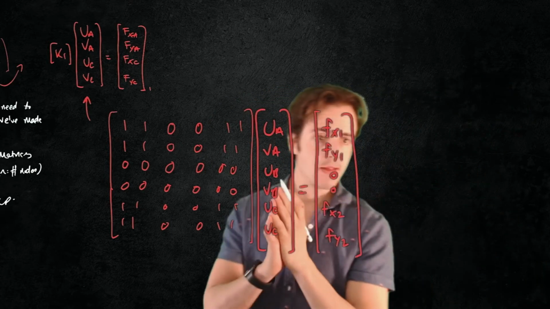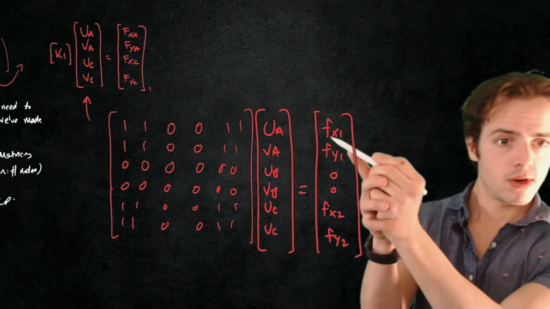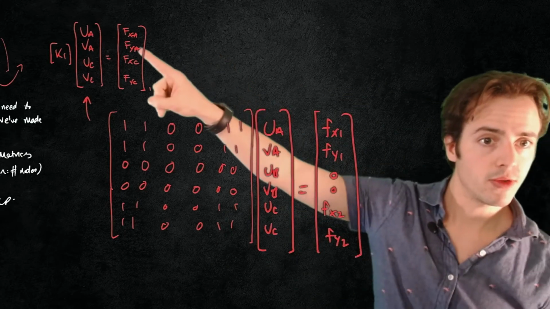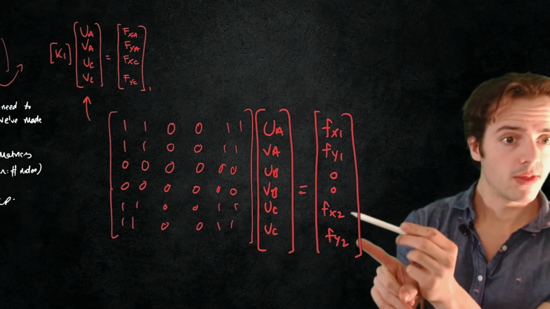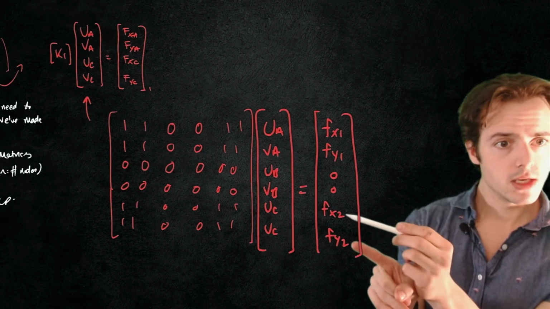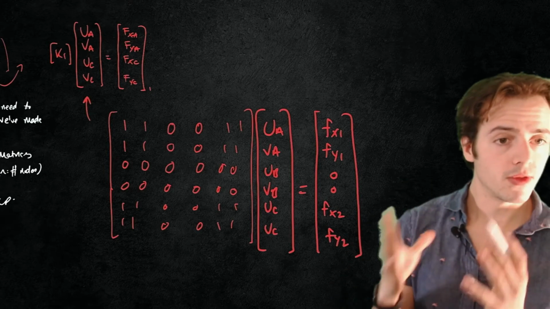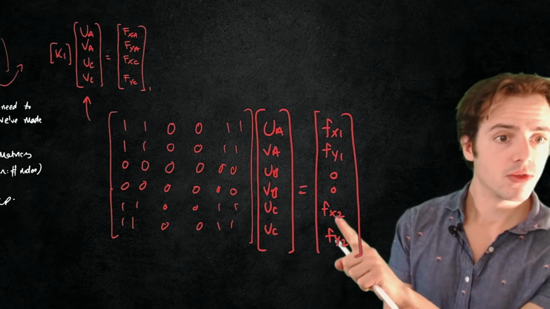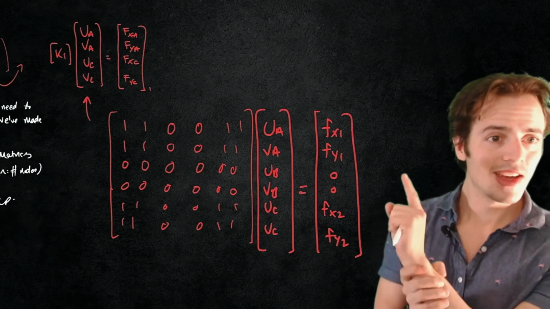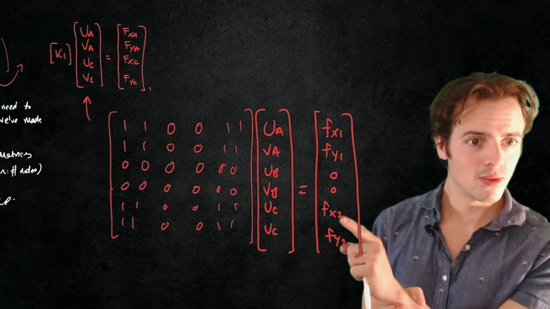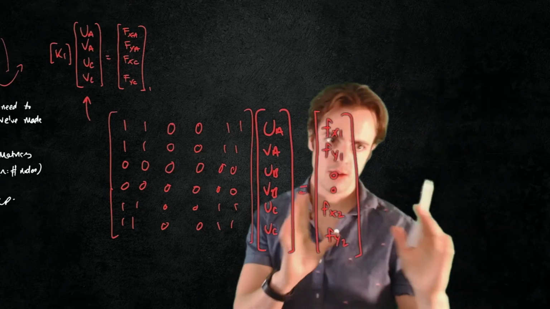And then for these fx1 and fy1, those are equal to fxa and fya, but these won't be, because we've got to combine the sum of the forces here with the forces on element 2, so fx2 for this node plus fx2 for element 2 as well. That would then equal the force on node C.